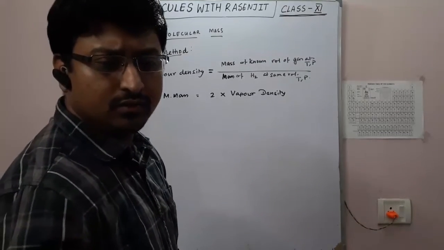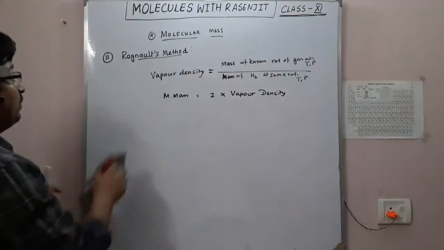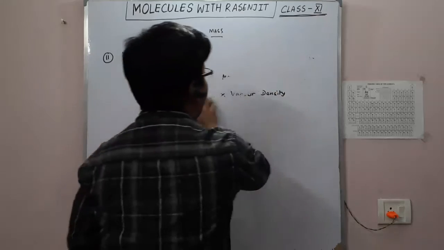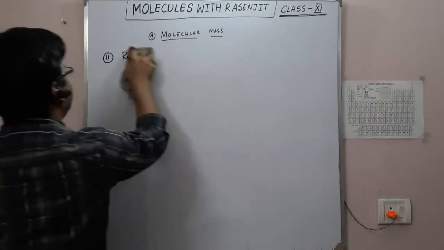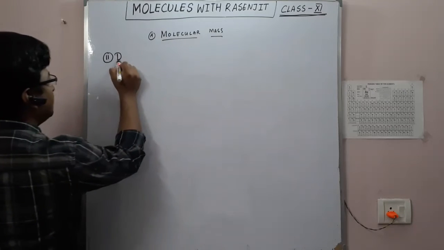Now moving to another method that is also very important and interesting, and it follows a particular law of gas. That way of determination is known as the diffusion method.